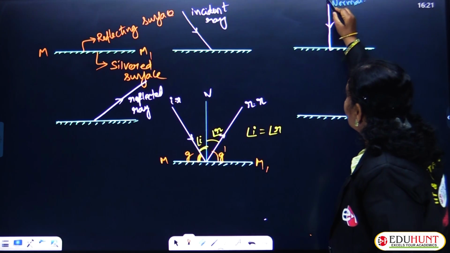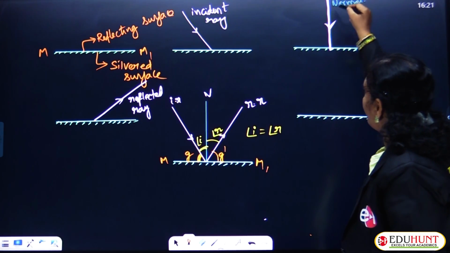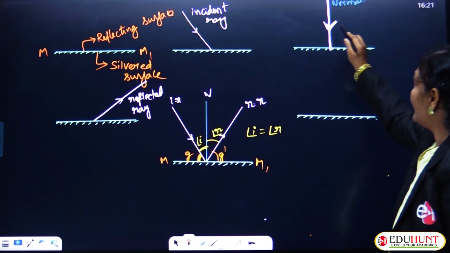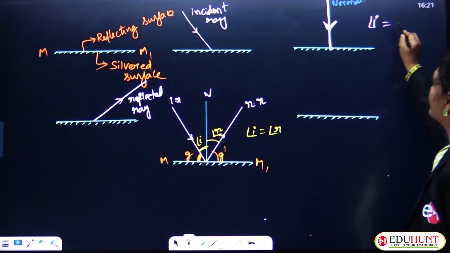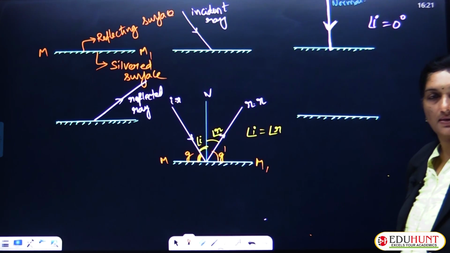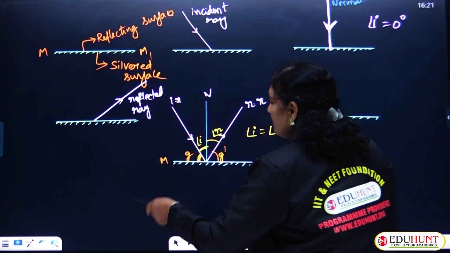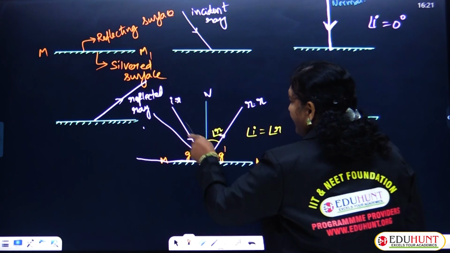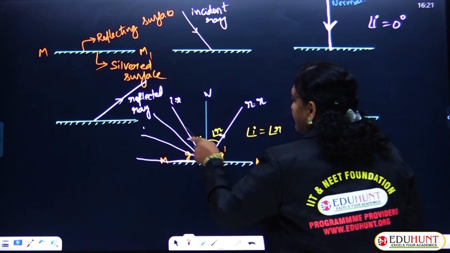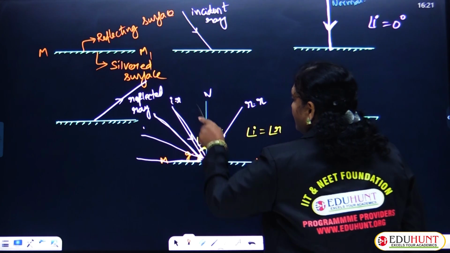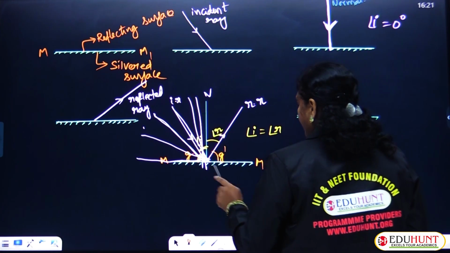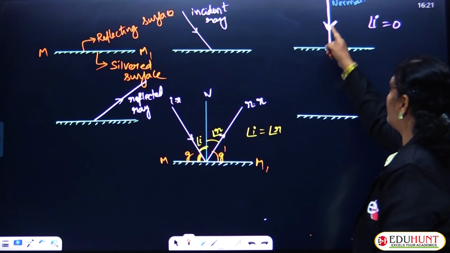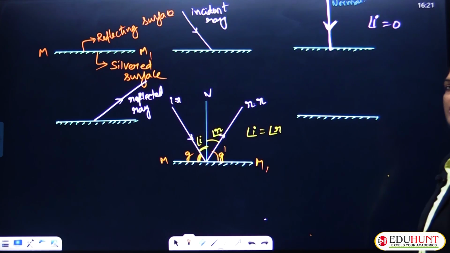If a light ray is incident on the surface of the mirror straight along the normal, in that case the angle of incidence will be 0 degrees. Yes or no? If it is going like this, it is 90 degrees. Like this, it is 45. Here it is 60, 45, 30, something like 10, 5, and so on. So if the light ray is sent directly along the normal, the angle of incidence is 0.